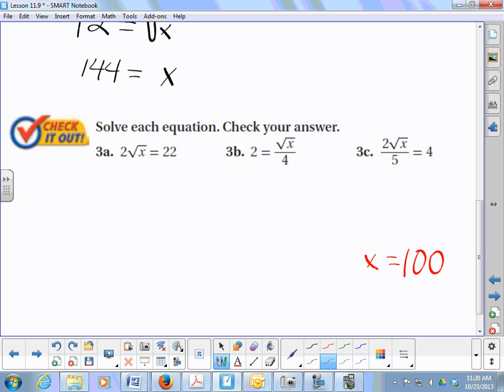How many of you multiplied by 5 halves first? How many people multiplied by 5 first and then divided by 2? Does it matter which way I do it? No. It's up to you. So you could have done either one.